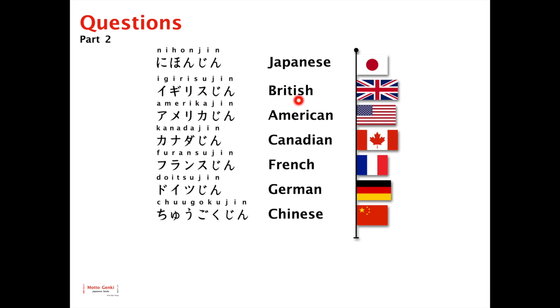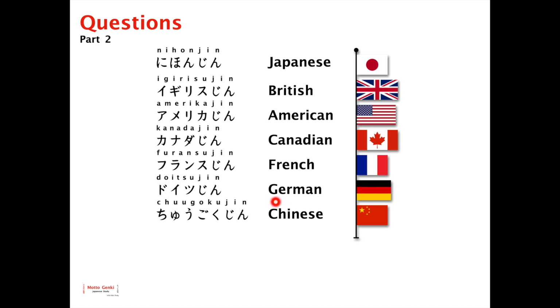So British is Igirisujin. America, America jin, American. Canada is Canada. Canada jin, Canadian. France is France. France jin, French.